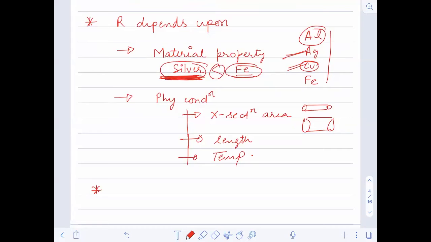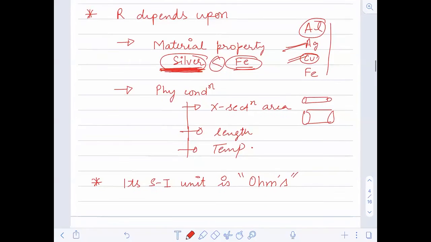Its SI unit is ohm. It is denoted by this symbol, which is actually called omega.